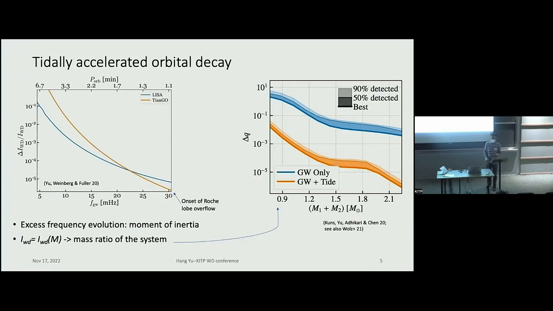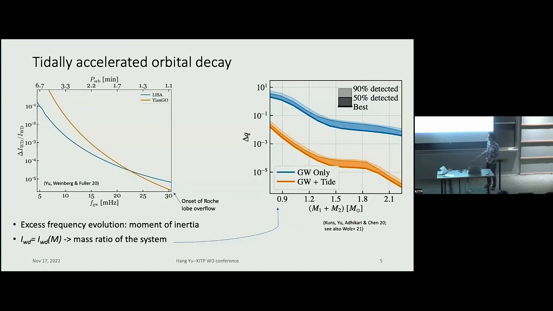Alternatively, if we trust our models of white dwarfs, we can write the moment of inertia as a function of the mass of the white dwarf. And then using this relation, we can probe the component masses within this binary. Recall that from the point particle GW radiation, we can only measure the chirp mass, which is a specific combination of the component masses.